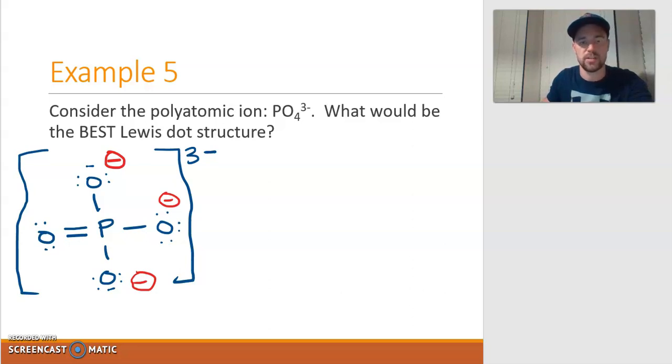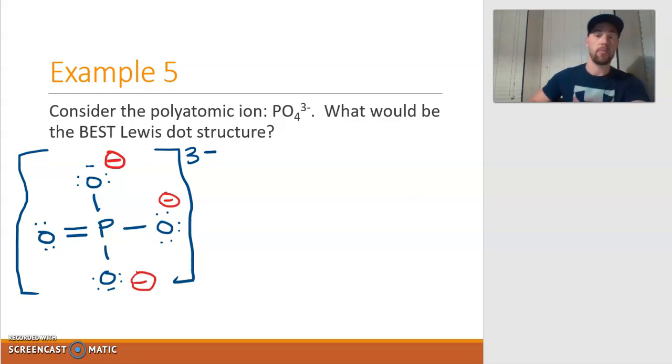Well, now phosphorus is 5 valence electrons minus how many things are touching the phosphorus? 5 things. I now, by drawing that double bond, was able to get this oxygen as well as this phosphorus down to 0 formal charge, which is a lot better than the -1 and the +1. And I still have my -3 overall charge in the entire ion.